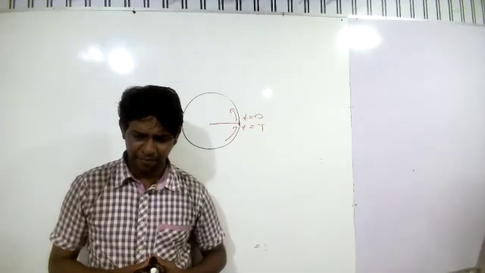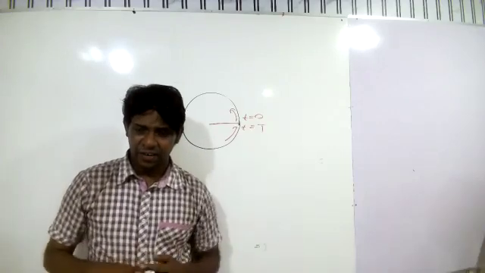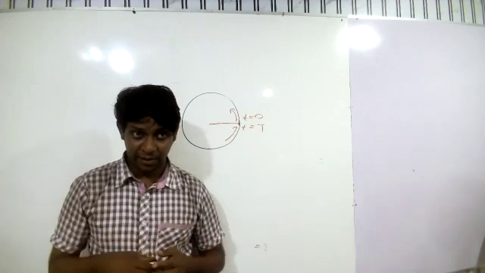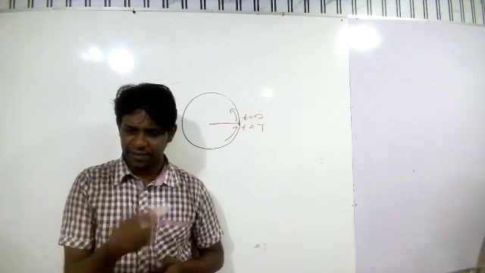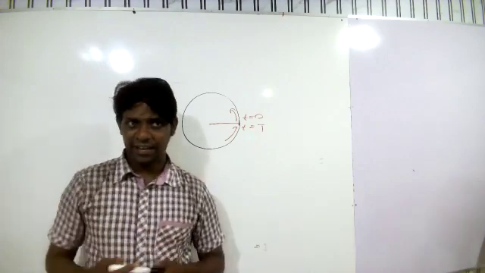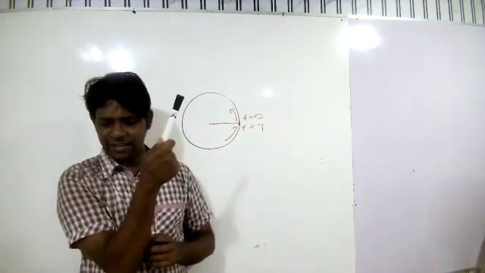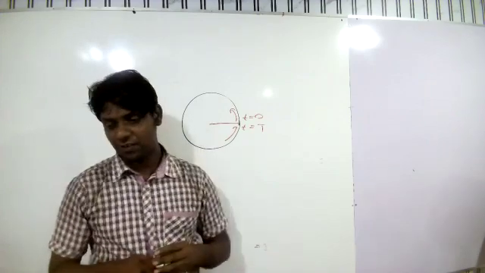The Earth takes 24 hours to complete one cycle. We say 1 day. The second hand takes 60 seconds to complete one cycle, or 1 minute. That's the periodic time of the second hand.